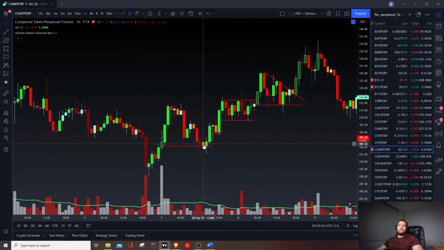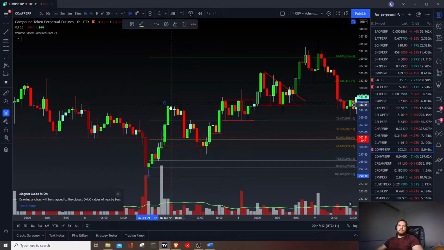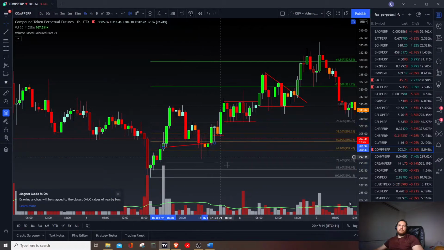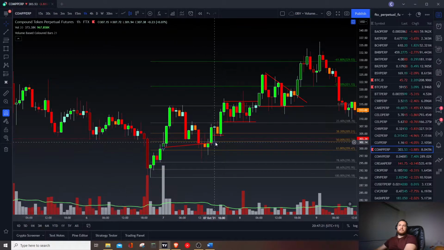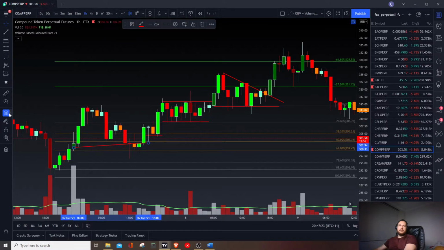But you'd rather be on the higher low, so you can use fibs. There you go, 618, nice. There's that really green candle there. So there's your base.